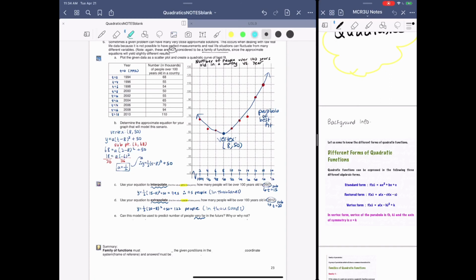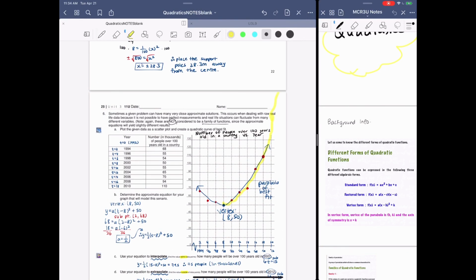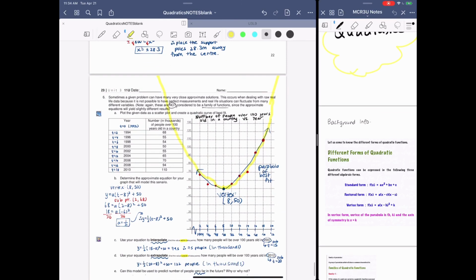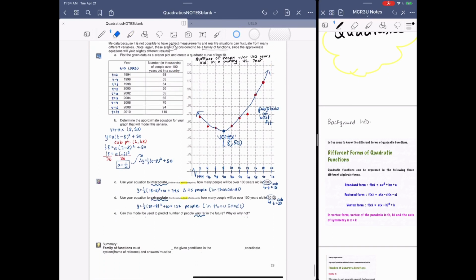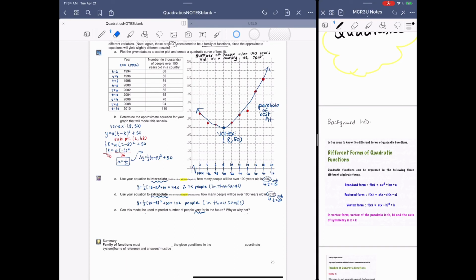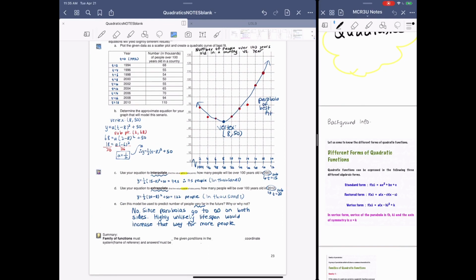So if this is my line of best fit, and I keep continuing it and continuing it, does it make sense for it to hit 200? It might plateau because in a real life scenario, maybe this parabola of best fit isn't the best example if I try to extrapolate it way too much. So that's what I basically said in a summary.